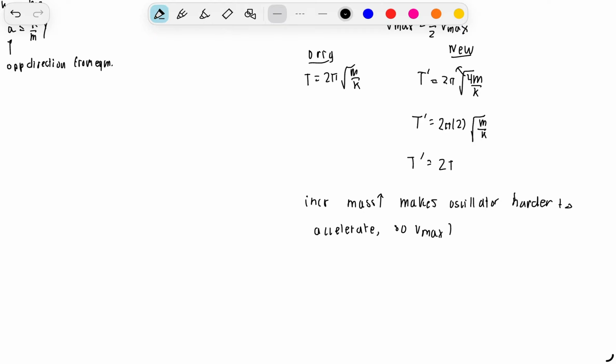So v_max decreases, and the time for one full oscillation period is increasing.